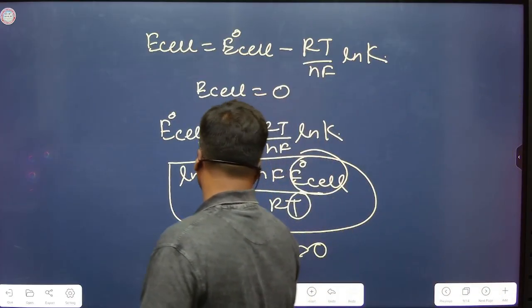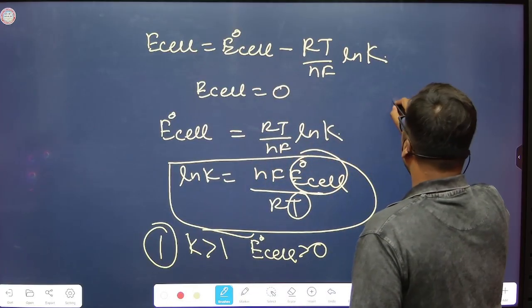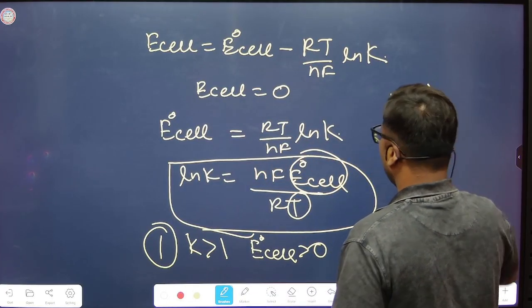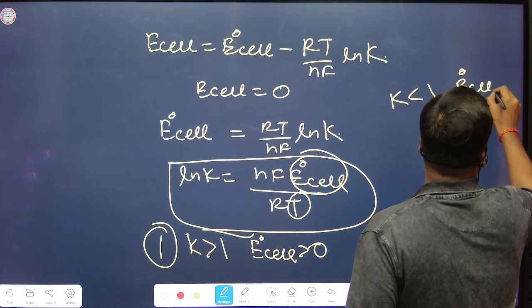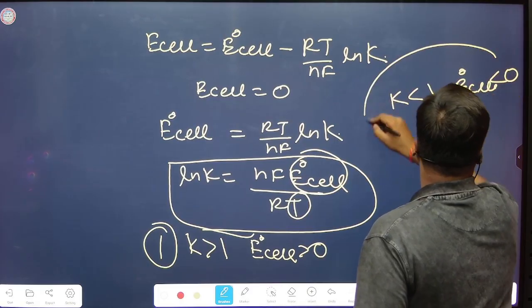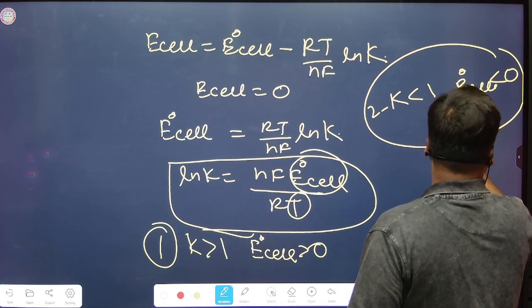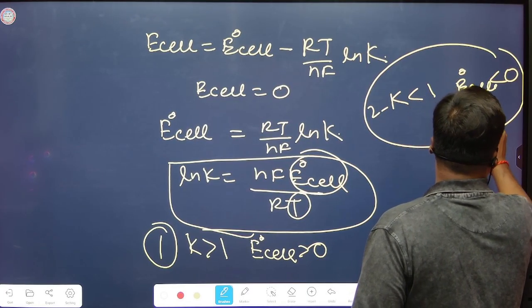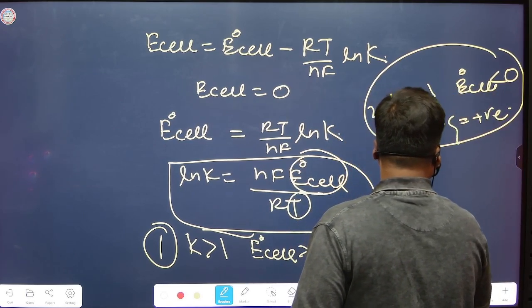So that is the first condition. The second condition is that if K is less than 1, then E naught cell will be less than 0. In this case delta G will be positive, and in the other case delta G will be negative.